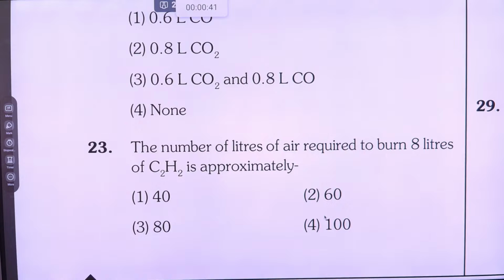Let's see who is able to answer this question. The number of liters of air required to burn 8 liters of C2H2 is approximately how much? 15.